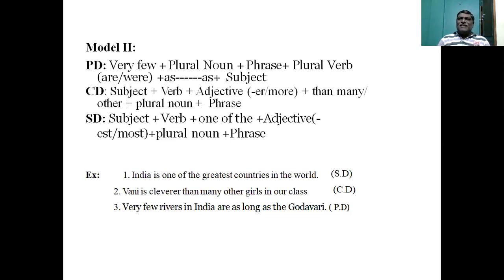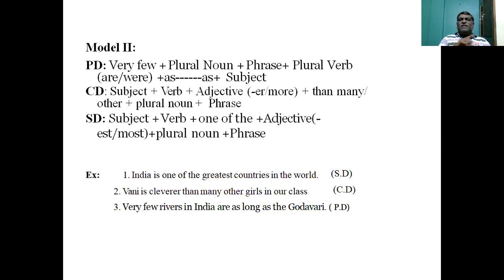Very few, you are saying that maybe one or two. And in the comparative form, you can say that Kashmir is more beautiful than many other places, than most other places. So "many other," "most other" in the comparative form, "very few" in the positive form.